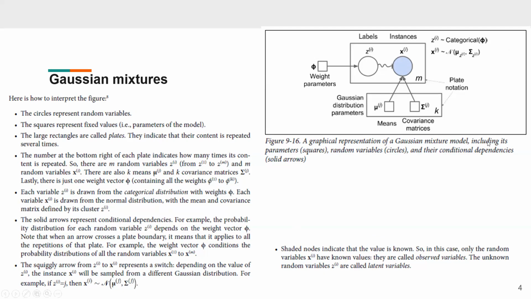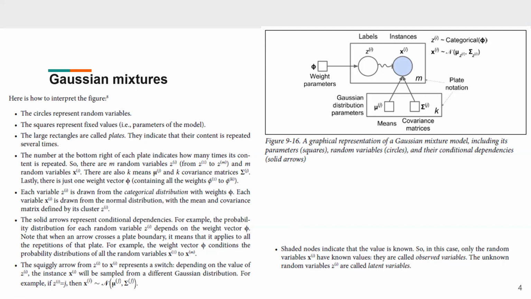And on top of that, shaded nodes indicate the value is known, so in this case only the random variables xi have known values. They are called observed variables, and the unknowns are called latent variables. The weight itself is a latent variable, but the instances themselves are observed variables.